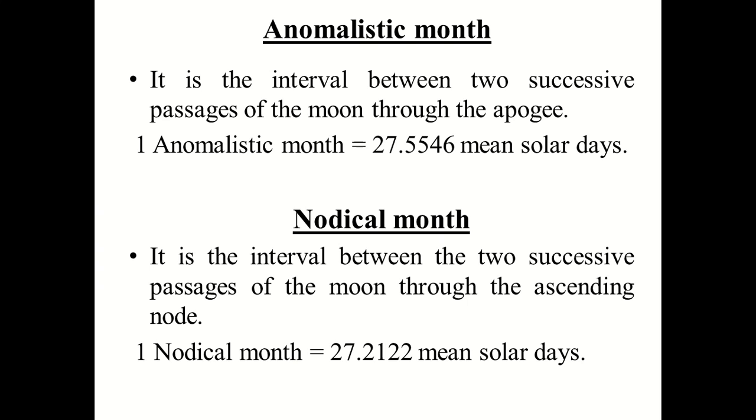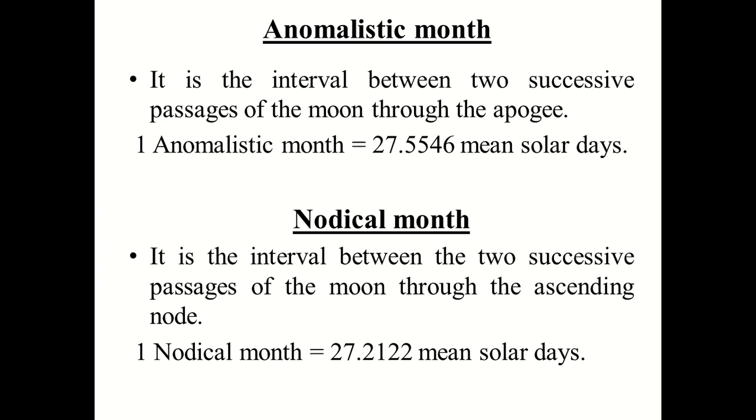When an object is at the greatest distance from earth, its angular diameter will be least. So anomalistic month can also be defined as the interval between the positions of the moon when its angular diameter is least, or the successive positions of the moon when the angular diameter of the moon is least.